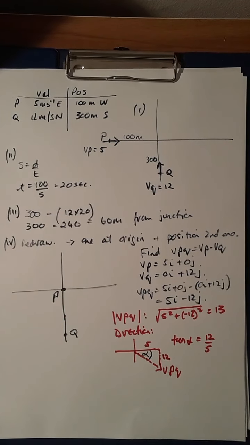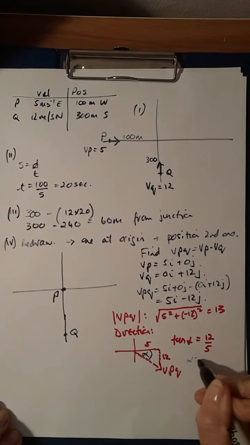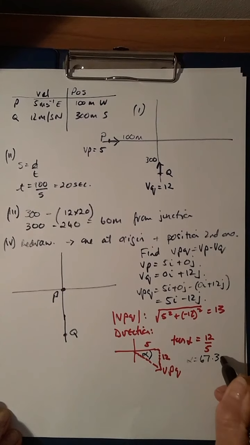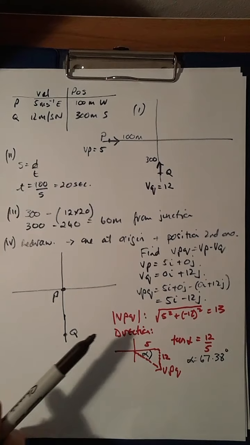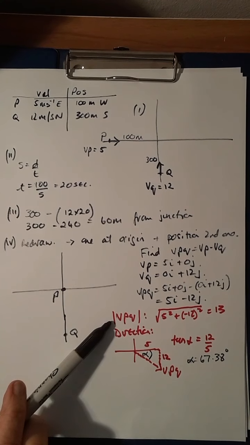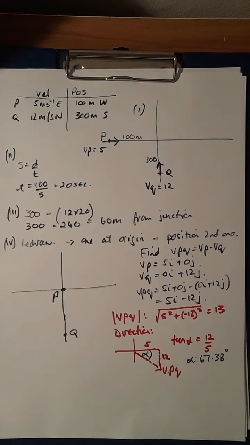So the inverse tan of 12 divided by 5 is 67.38 degrees. So alpha is equal to 67.38 degrees. Again, whether you're asked for it or not, you always get the magnitude, the speed, and you always find this direction.